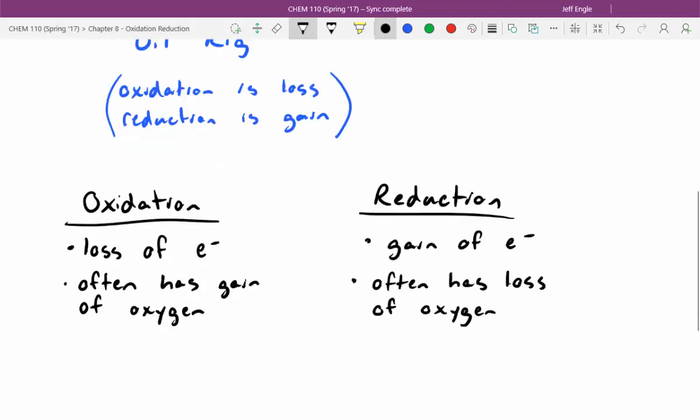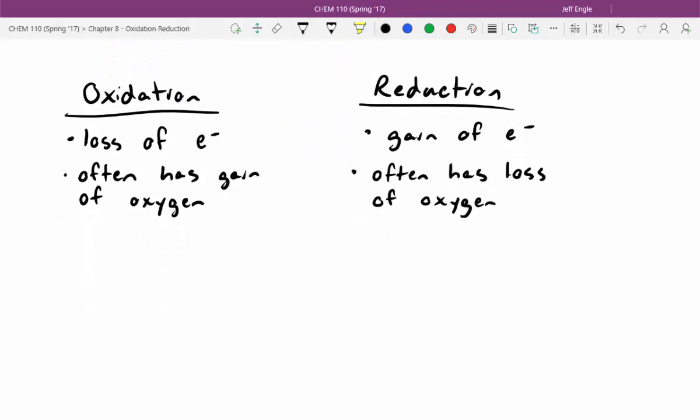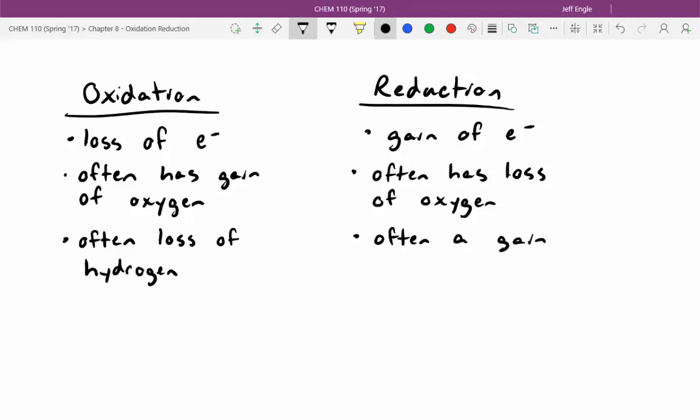So if you get kind of lazy and you don't want to count electrons, but you see one molecule is gaining or losing oxygen, you can pretty quickly tell if it's an oxidation or a reduction. You can also look at the hydrogens too. There's often a loss of hydrogen in an oxidation reaction, and then, let me put often, a gain of hydrogen.